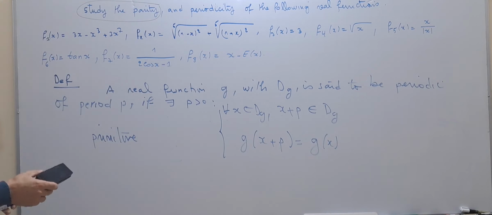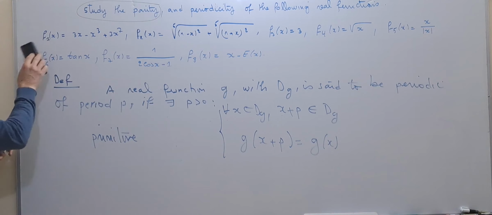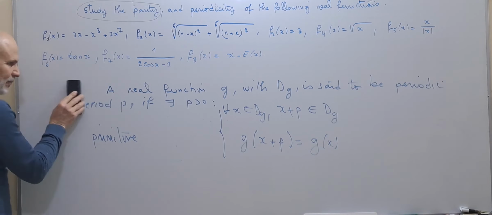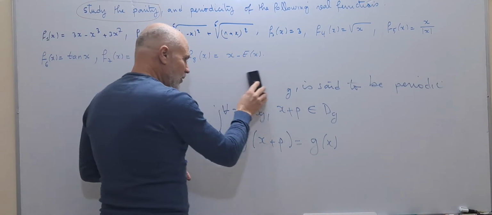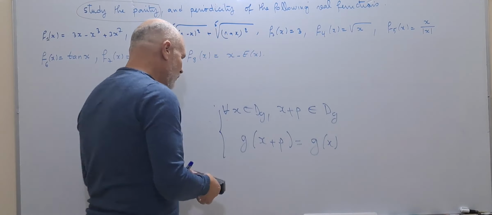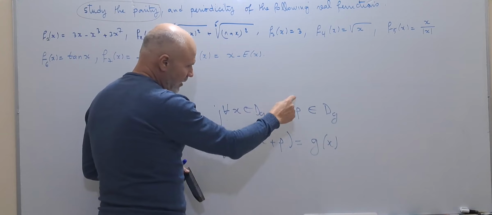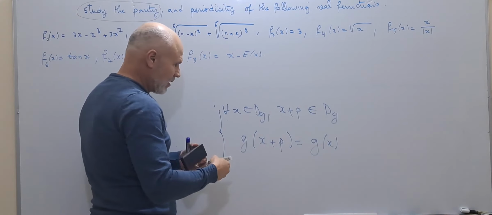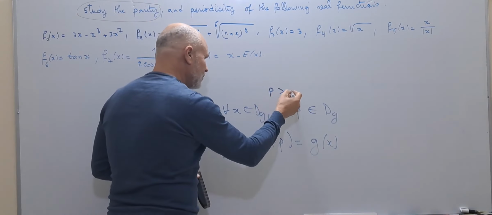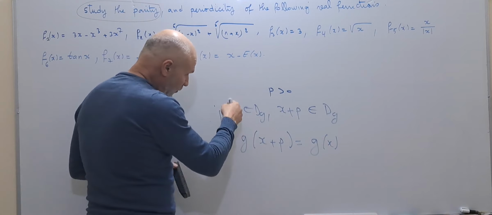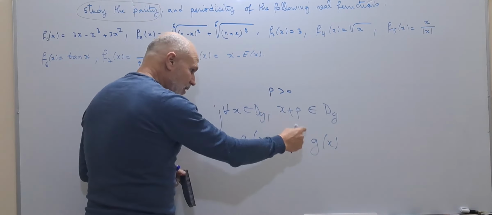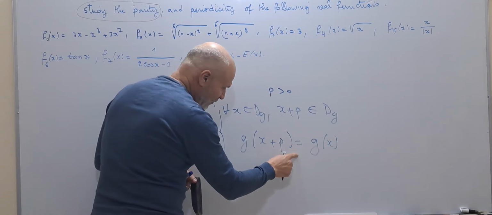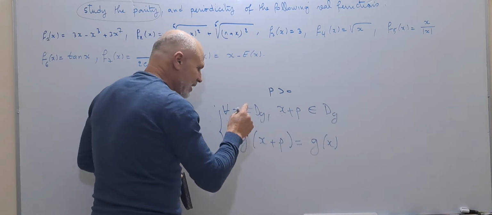All things considered, let us start with f1. But here, the fact is that there exists a real P such that for all x in Dg, x plus P is in Dg, and this equation is verified, is true for all x in Dg.